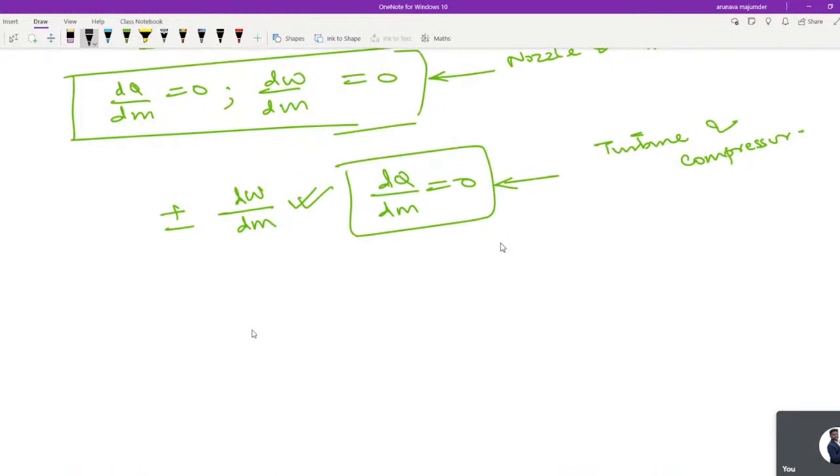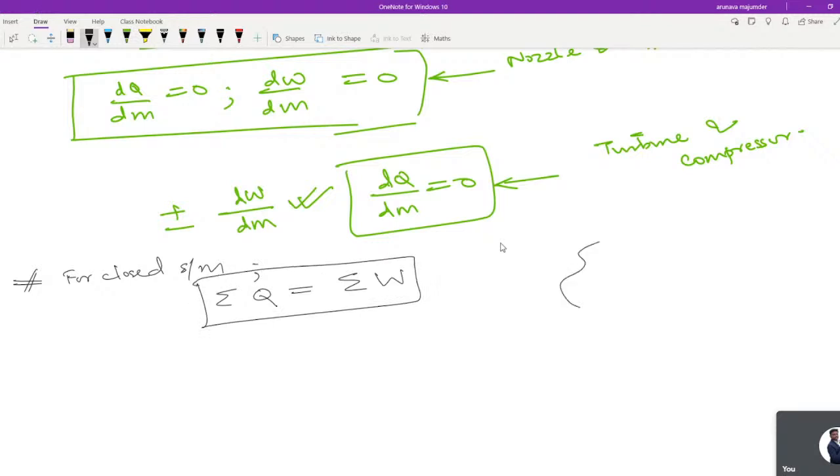Now moving to some important tips where you can also get some problems. First is for a closed system. For a closed system, there are some conditions. The summation of all the heat added is the same as the summation of all the work done, right?